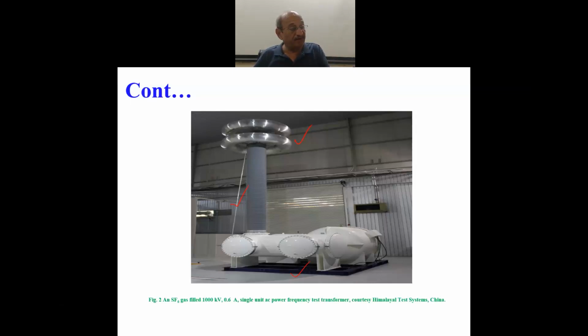Now, it's a problem. As you can see, in this case 1000 kV, and in the other case, limited to 700 kV. When you want to produce, say, 2000 kV, how do you do it?